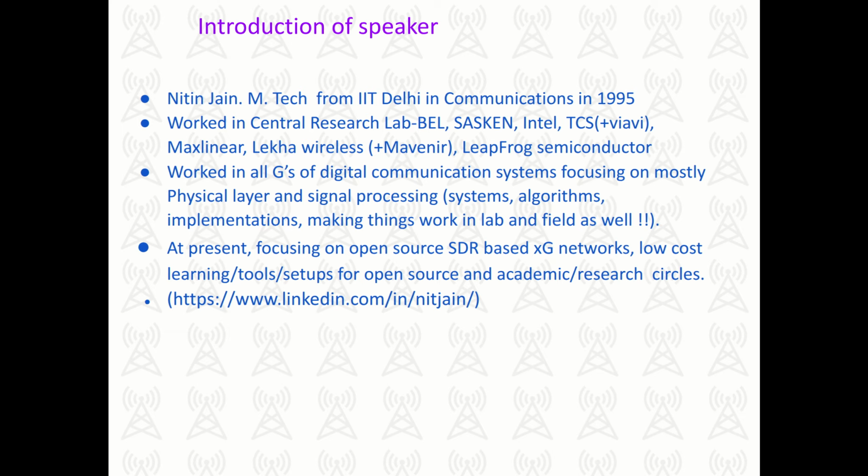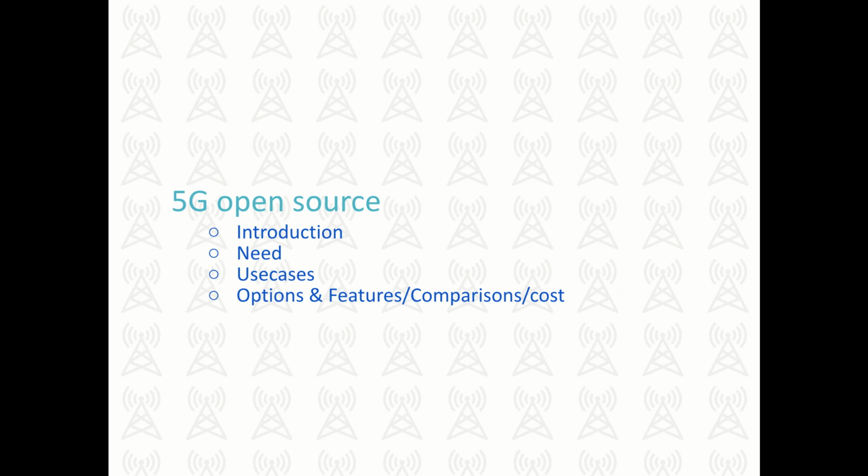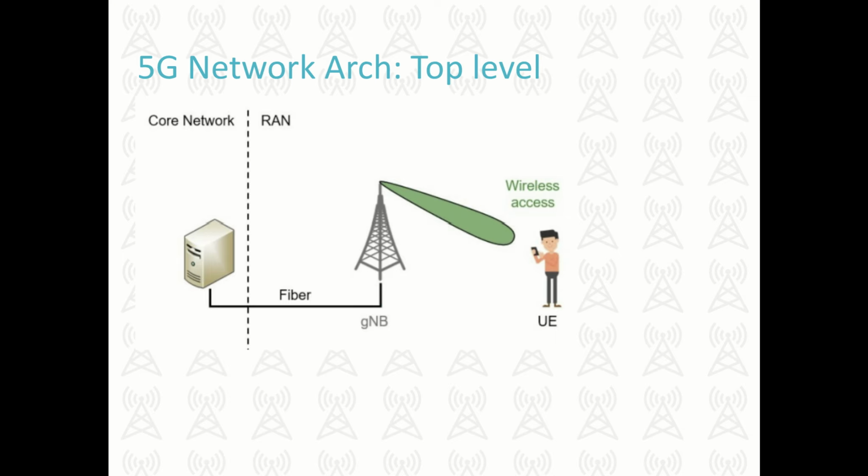So let's get started and introduce open source 5G. I think all of you might have seen this picture. It is very simple, but at the same time it tells what the big actors are.